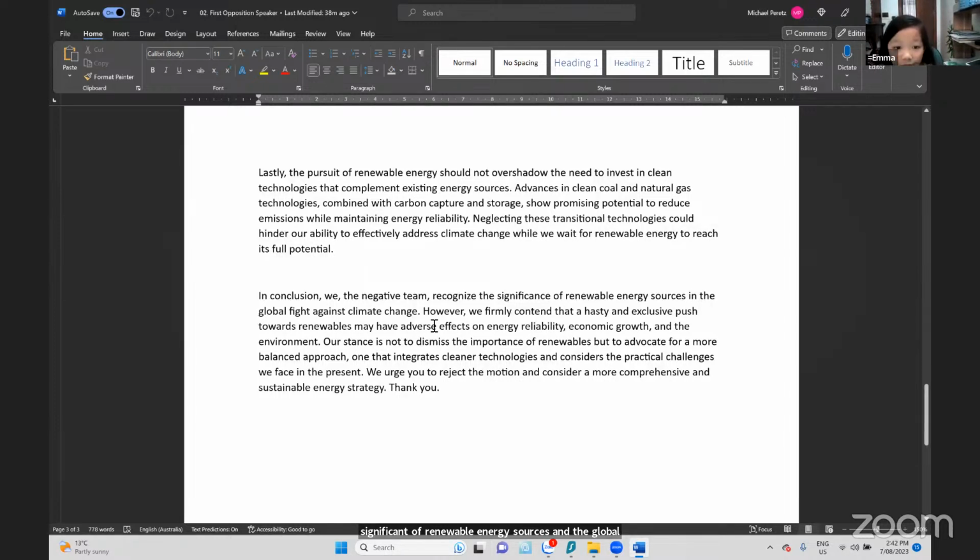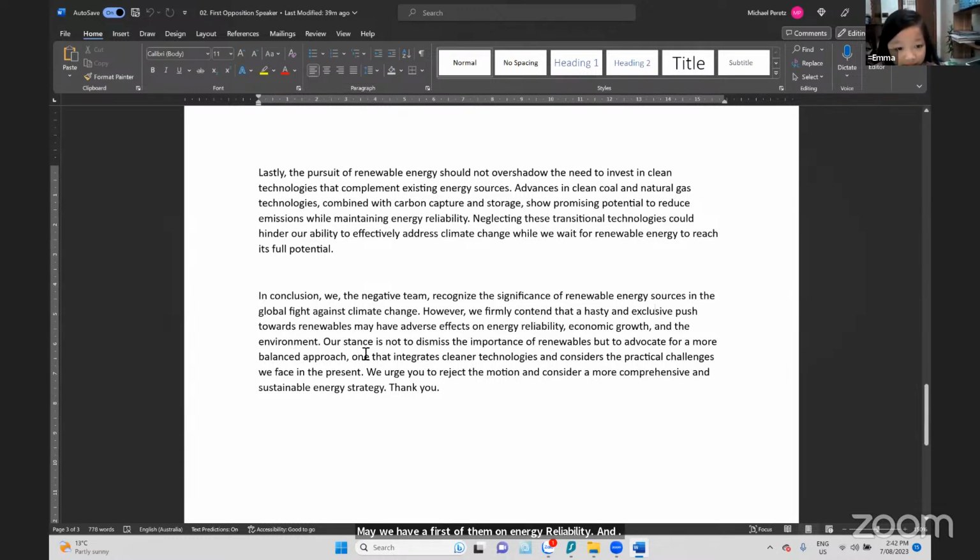However, we firmly contend that a hastily exclusive push towards renewables may have adverse effects on energy reliability, economic growth, and the environment.